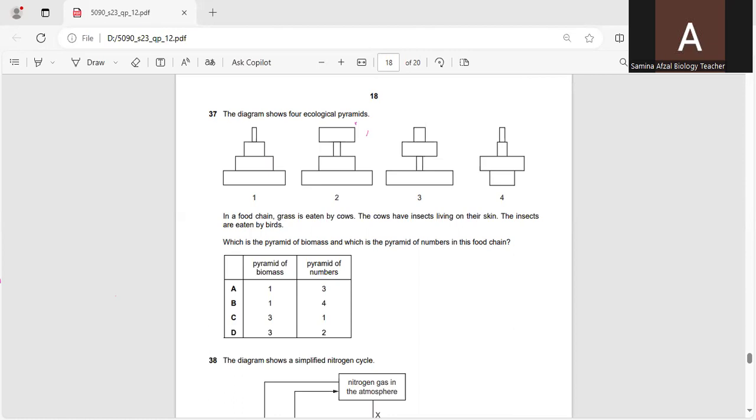The cows have insects living on their skin, and the insects are eaten by birds. Which is the pyramid of biomass and which is the pyramid of numbers in this food chain?